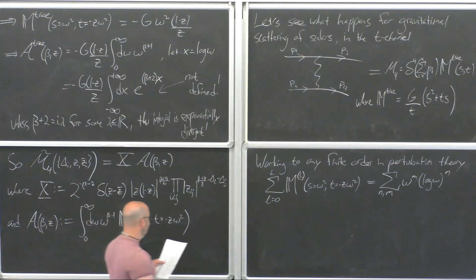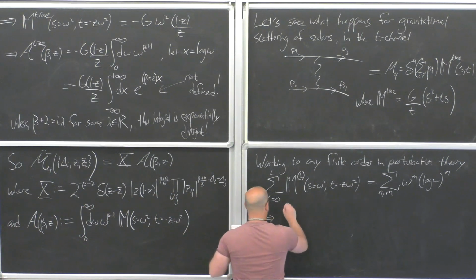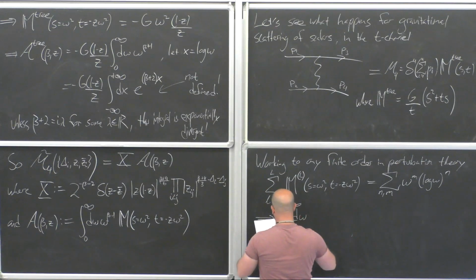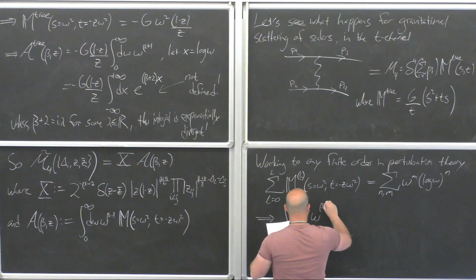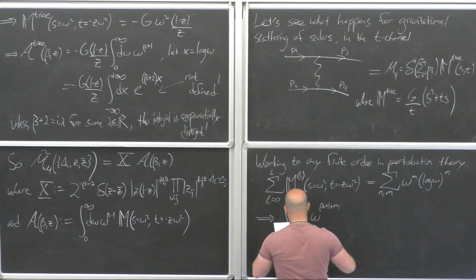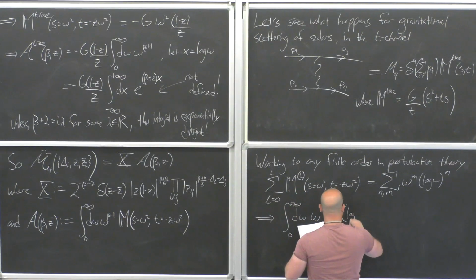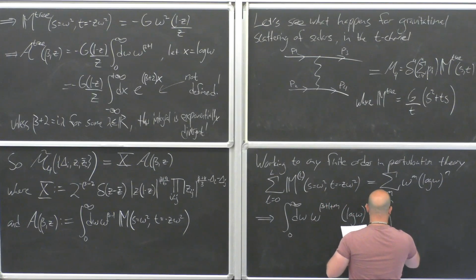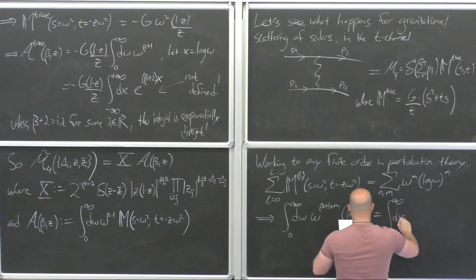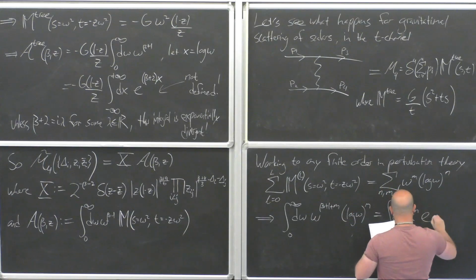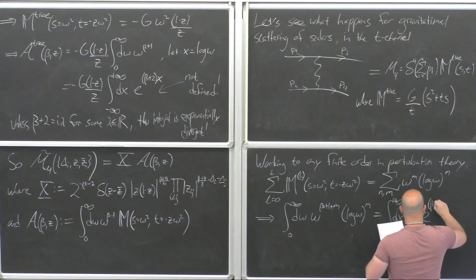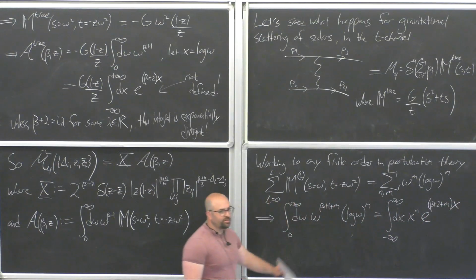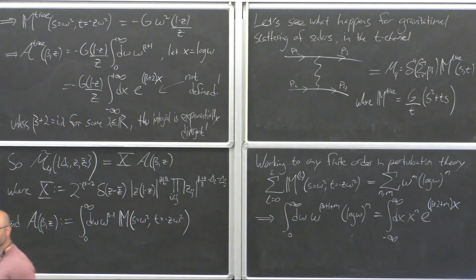So then that means that one would be dealing with Mellin integrals of the form d omega, omega to the beta plus 1 plus m, log omega to the n, and these are integrals of the form x to the n e to the beta plus 2 plus m x, and these are still never analytic, right?